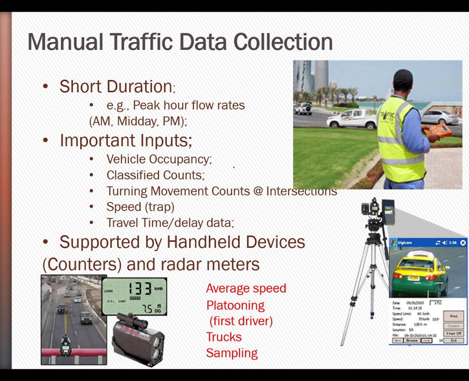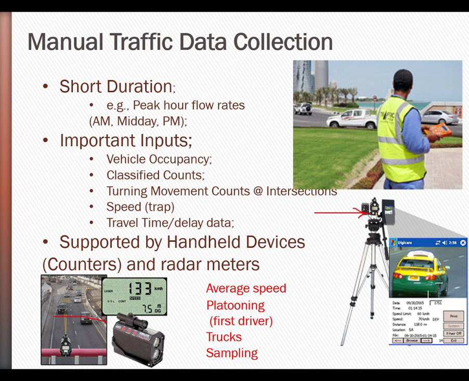Speed, but speed can be measured in different ways now with the technology. We can directly find the speed. We can also ask people to use the same speed gun that the cops have. You might see the cops having this kind of equipment in their car.